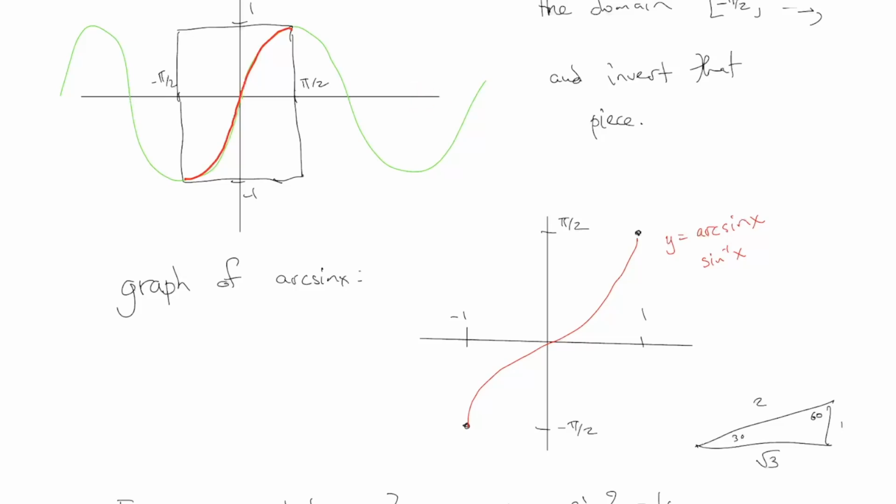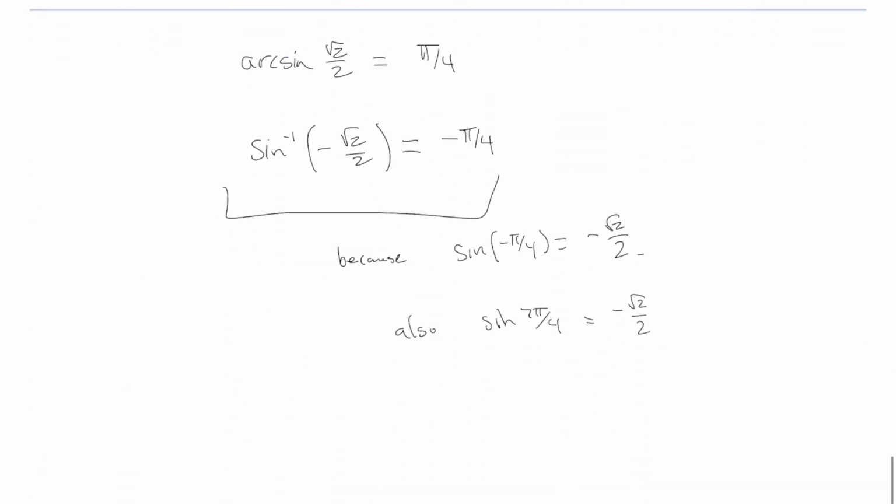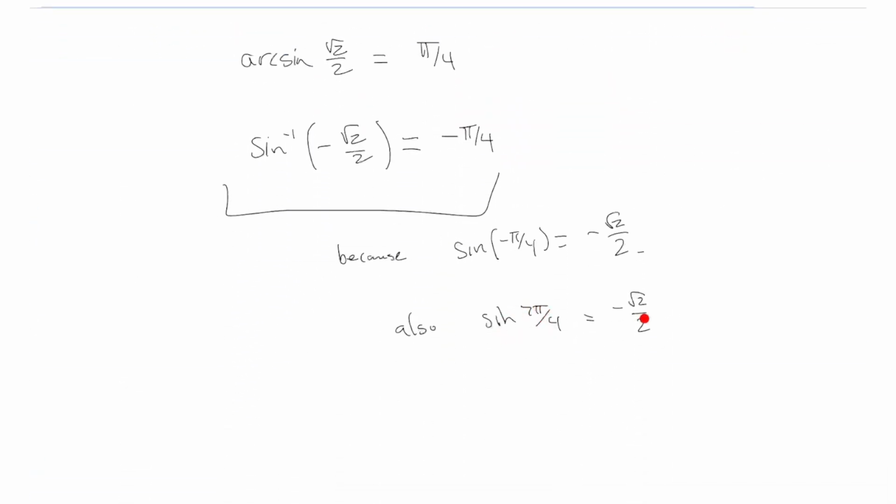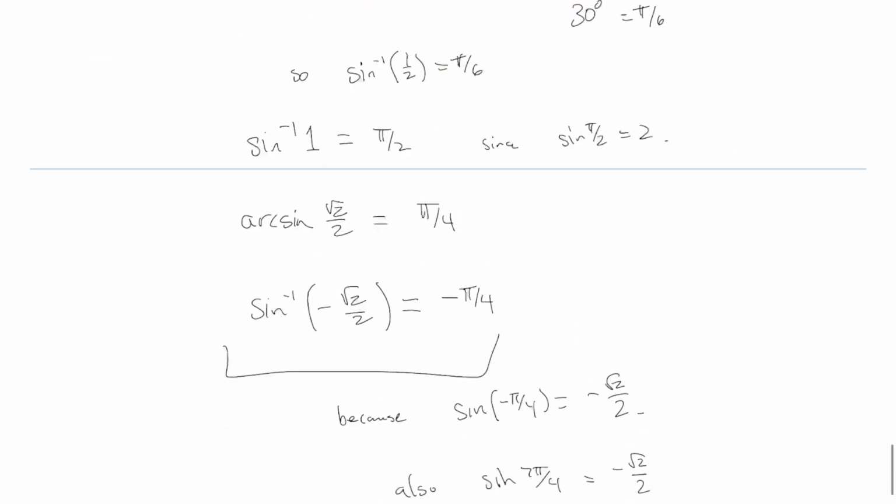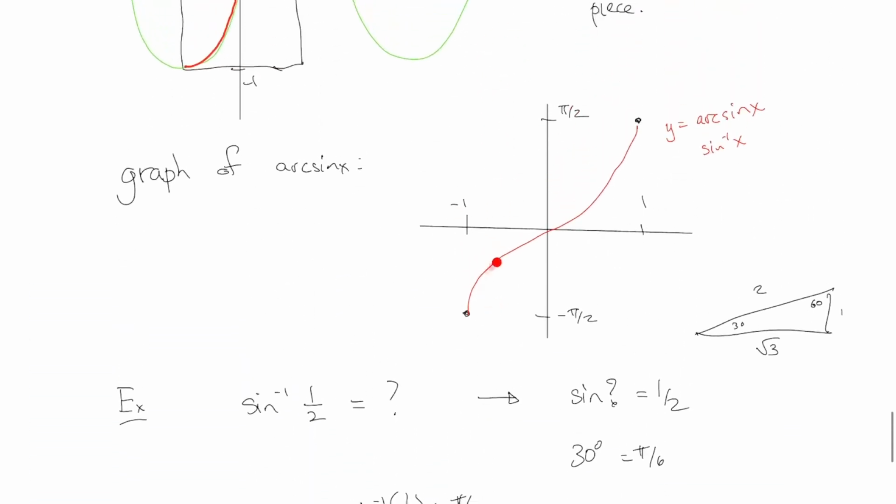And so that means when we do this inverse, that never counts as one of the answers that we're looking for. So it is true that the sine of this also equals the same answer, but because of the way we define this in terms of just one piece of the domain, we always choose the piece that's in between minus pi over 2 and pi over 2. And we never choose the answer that's anywhere else. This is a strange technicality.